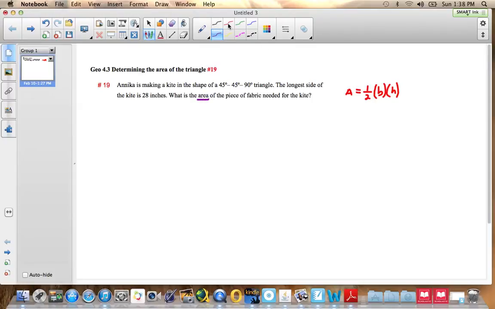To find my area, I have to use A equals 1/2 base times height.